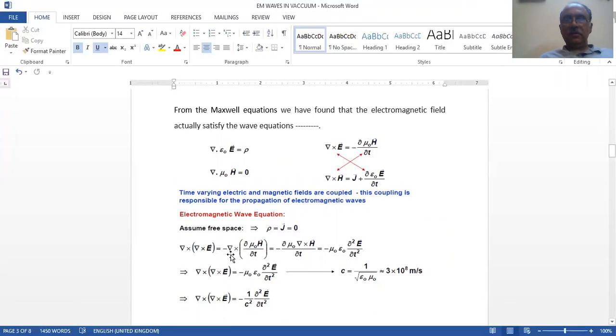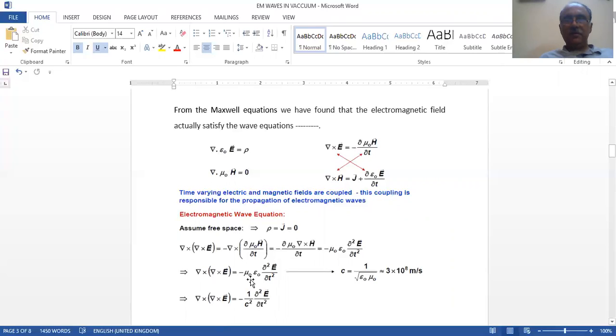So we have written minus del upon del t of mu 0 times curl of H. And curl of H, since J is 0, is epsilon 0 times del E by del t. So we get minus mu 0 epsilon 0 del square E upon del t square, a double time derivative.